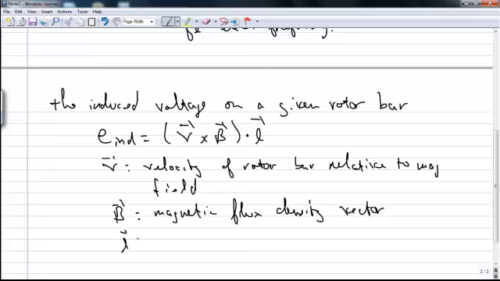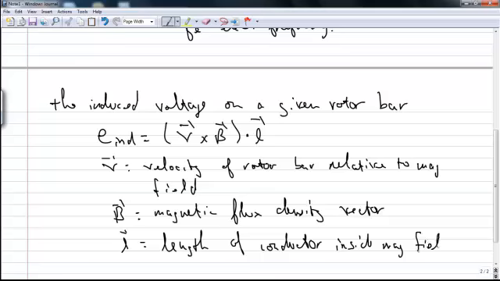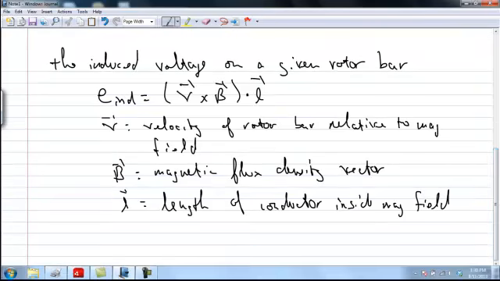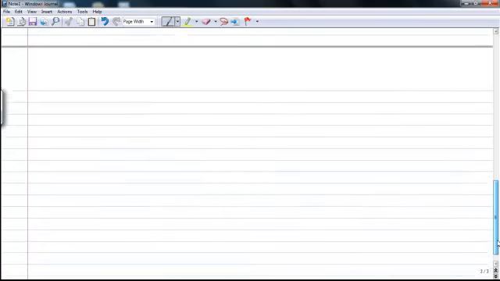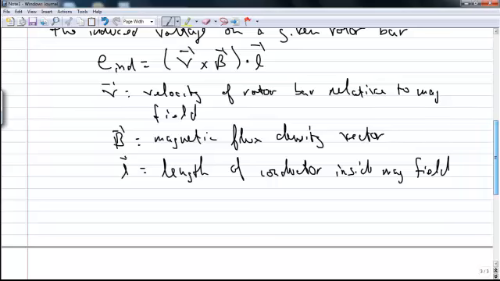L is the length of the bar, or the conductor, inside the magnetic field. Okay, so there's our induced voltage. And again, this induced voltage is produced because of the relative motion between the rotor and the stator magnetic fields.